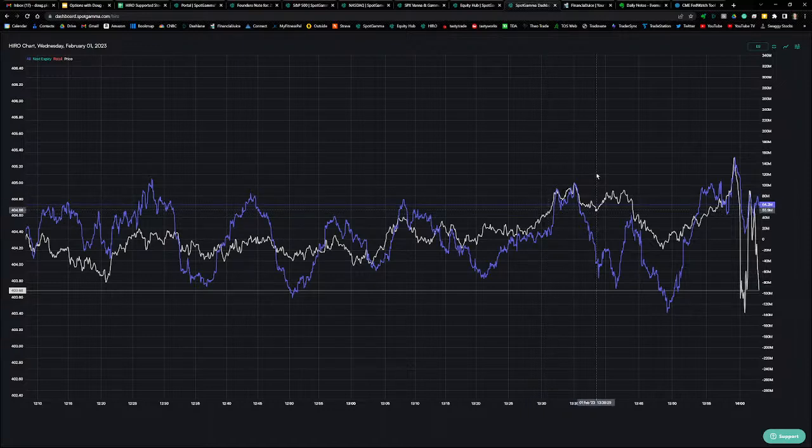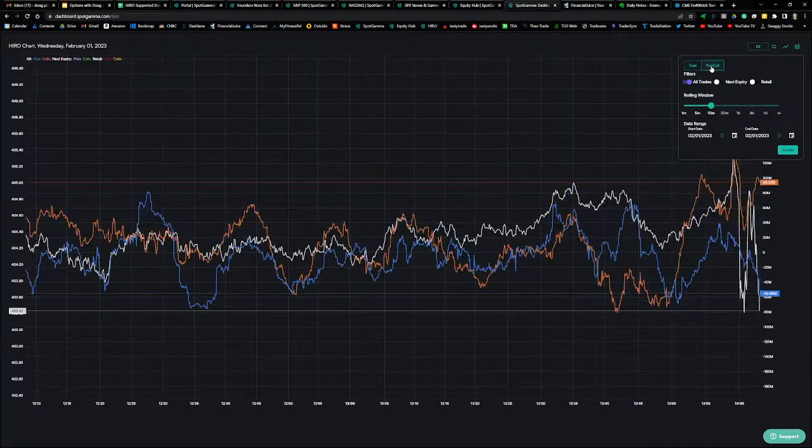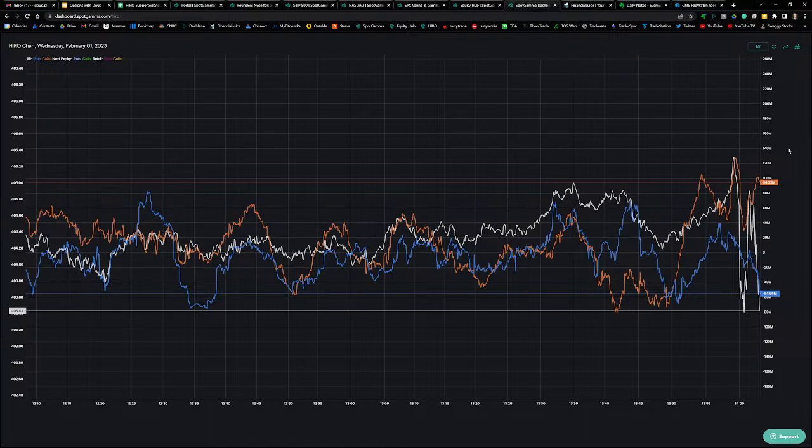So hard to tell much so far, but it looks like they're selling this, taking negative delta positions. And let's separate out puts and calls. So they're buying puts. That's shown by the falling blue line.